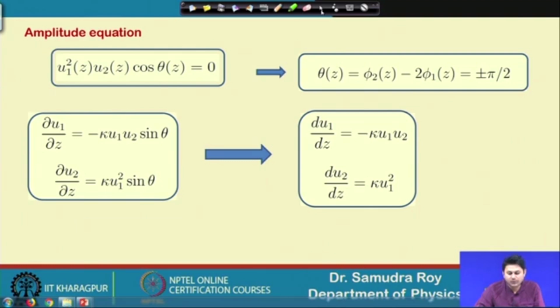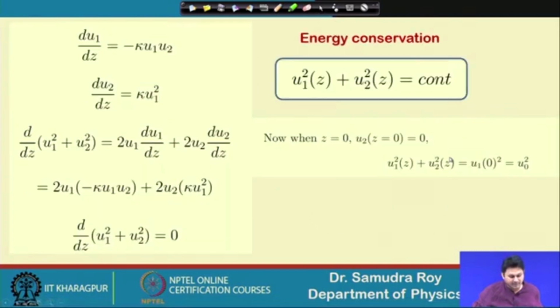We will solve these coupled equations directly and try to find out how u1 and u2 evolve over distance z, where u1 is the amplitude of the fundamental wave and u2 is the amplitude of the second harmonic wave that is generated in this second harmonic generation process. So, let me go back to our slides.